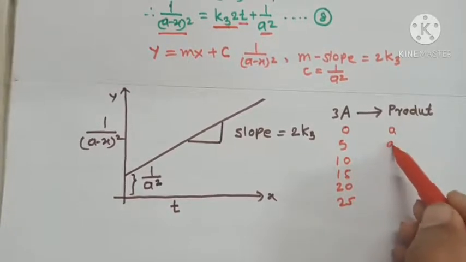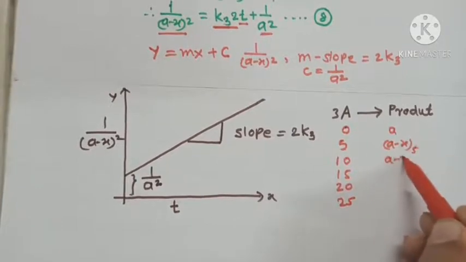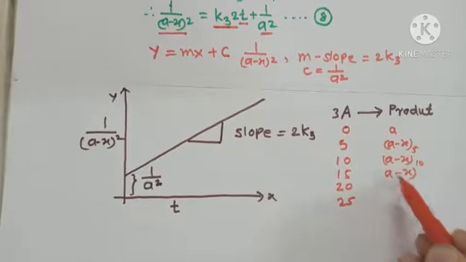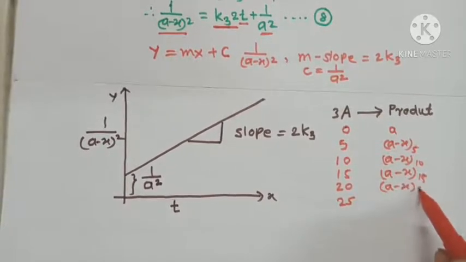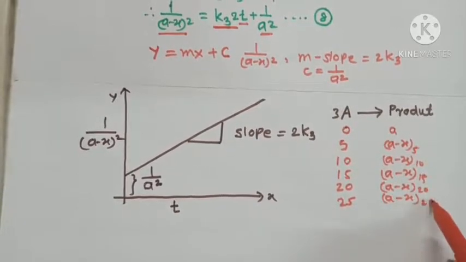So you will get a minus x5, a minus x10, a minus x15, a minus x20, a minus x25. So you have the 5 values of a minus x.